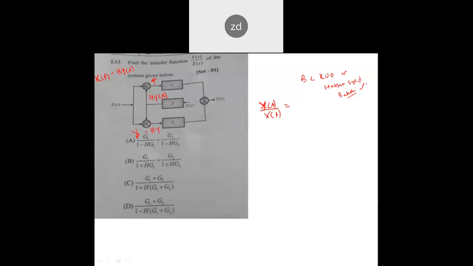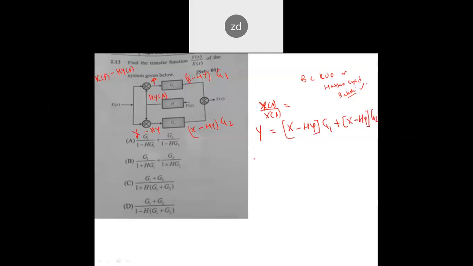Finally, if you see over here, this X minus HY, if the blocks are in series, will get multiplied by G1. And here also you see X minus HY into G2. So finally, this is basically Y. Y would be equal to (X minus HY) into G1 plus (X minus HY) into G2.